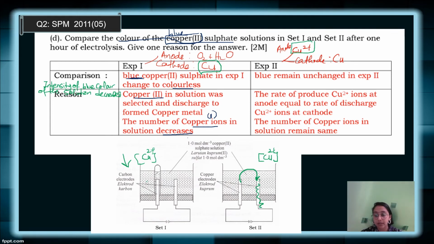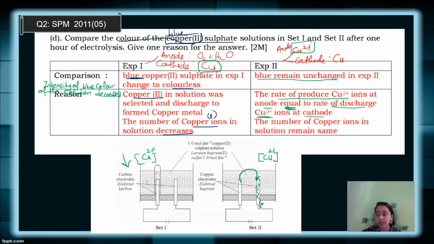So when the copper 2 ion solution concentration remain unchanged, so the color intensity going to be the same, no difference. So that's why we write blue remains unchanged. Or you can say the intensity of the blue color of the solution remains unchanged, because the rate of the production of copper 2 ions at the anode equal to the rate of discharge of the copper 2 ions at cathode.